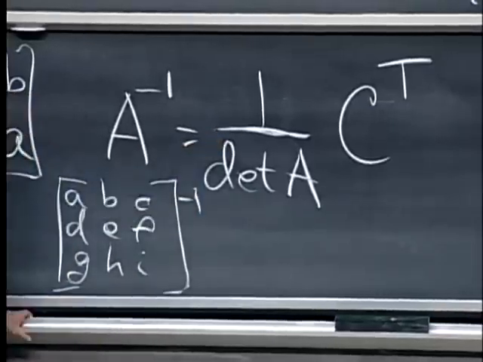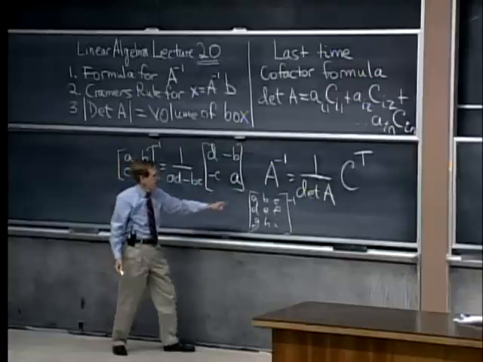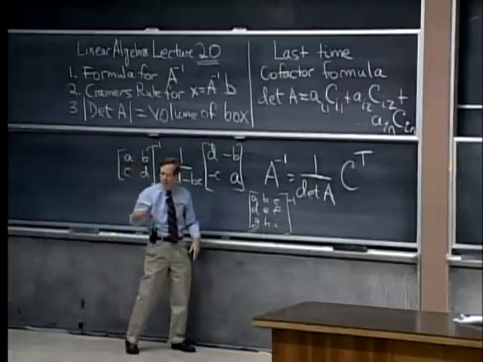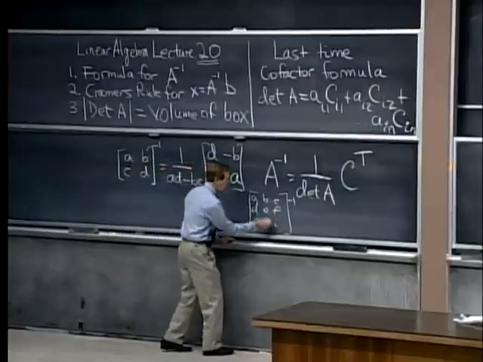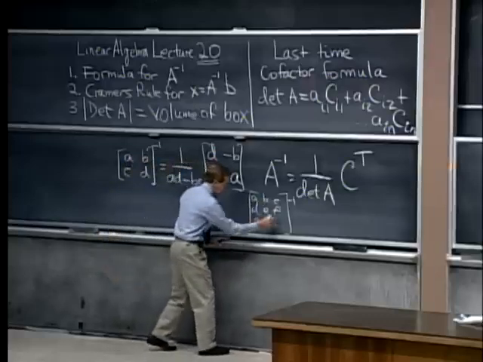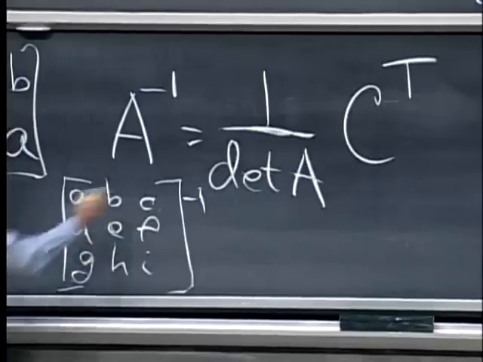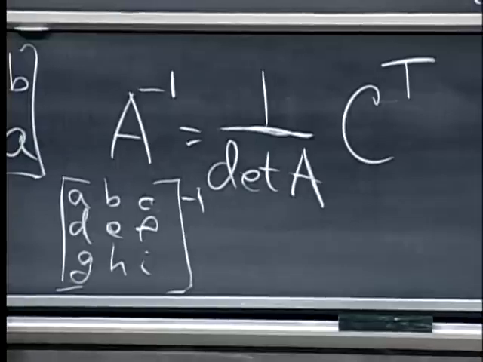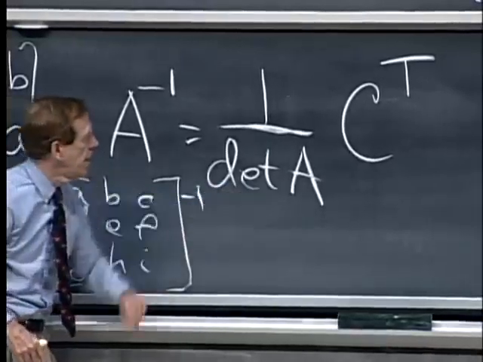And what kind of a formula do I see there? I mean, the determinant is a bunch of products of 3 factors, right? The determinant of this matrix will involve A, E, I, and B, F, G, and C, D, H, and minus C, E, G, and so on. So things with 3 factors go in here.